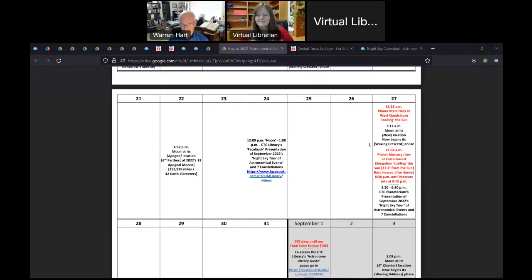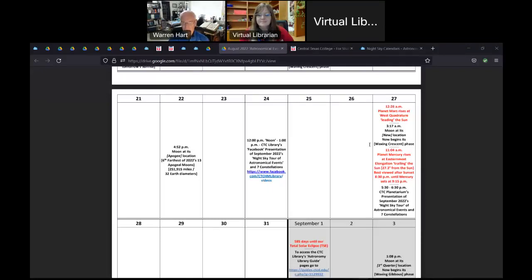Mercury will set in the western sky at 9:15. So from 8:30 to 9:15, you will be able to see the planet Mercury with your eyes, and if you have binoculars or a telescope, you'll be able to see it in even more detail.